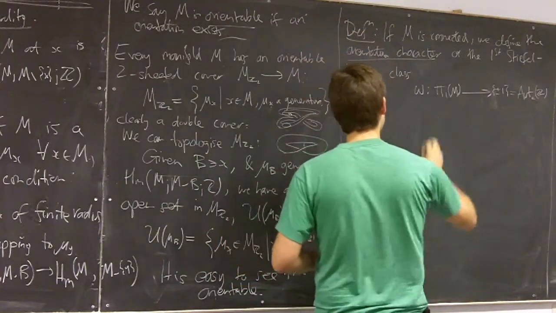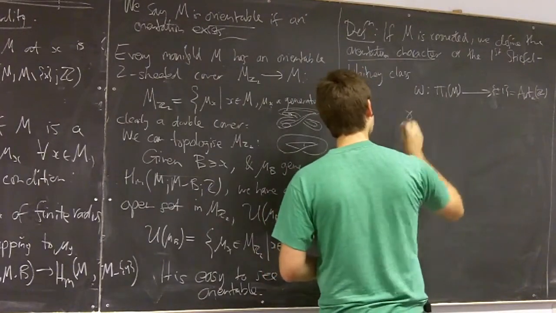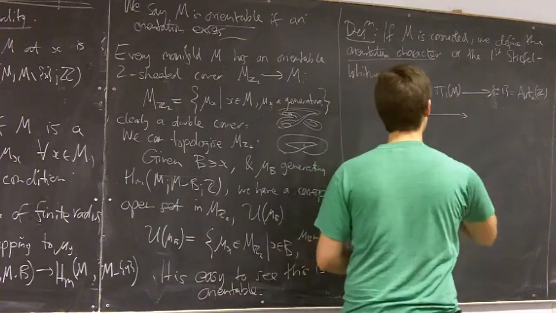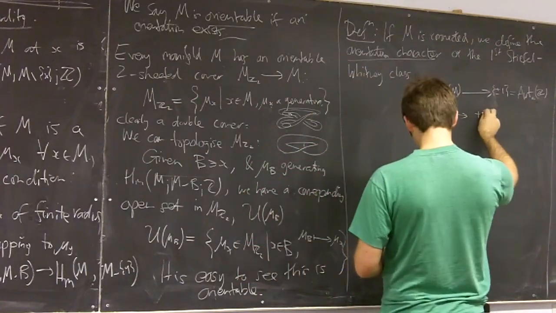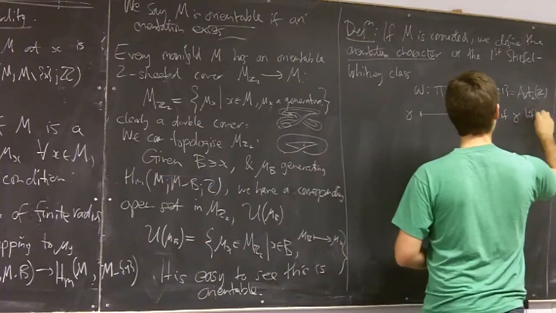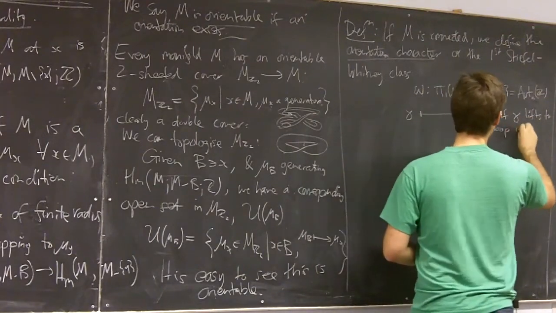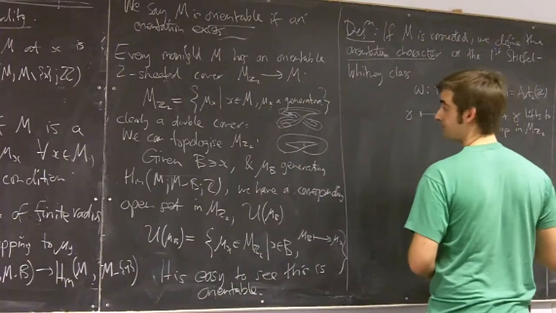And the way we define this is we take a loop gamma in the fundamental group, and this maps to +1 if gamma lifts to a loop in the orientation double cover.